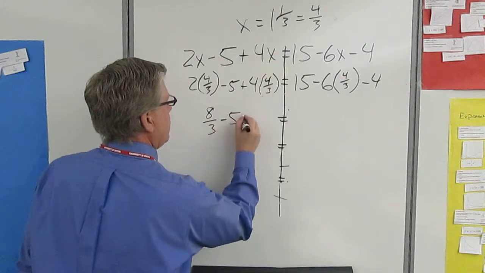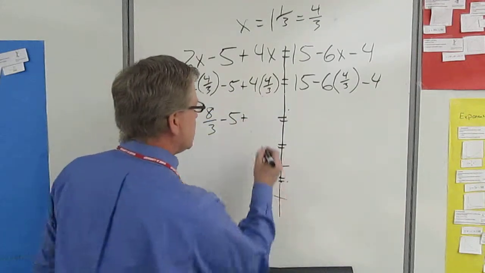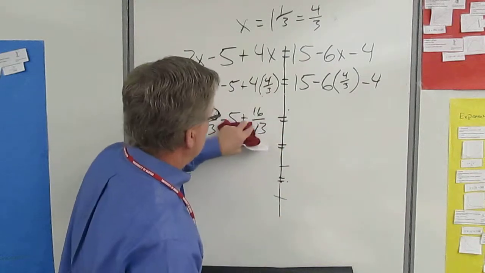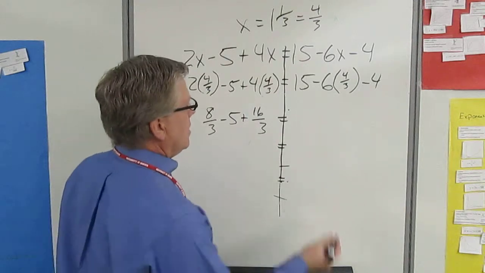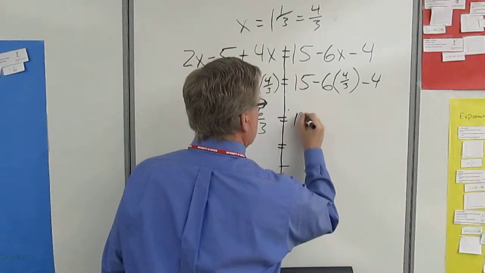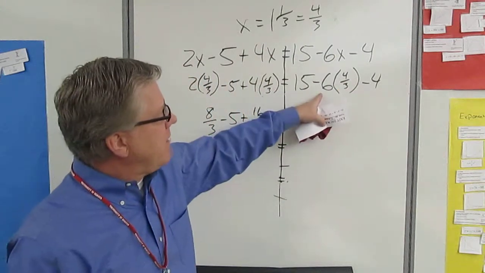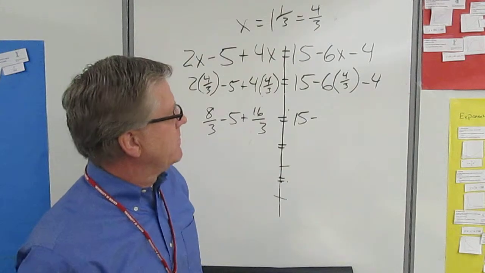Minus 5 plus 4 times 4/3, that's 16/3. And we'll just leave it all in thirds for now, it'll make it a lot easier. We've got 15 minus 6 times 4/3. What would that be? Looks like 24/3, right?